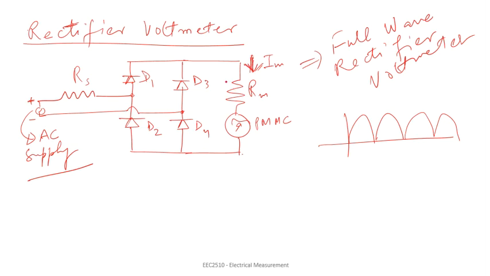Similarly in the negative half cycle, when the input goes negative, D2 and D3 will conduct, and current again in this case will flow through the meter from positive to the negative terminal. So the resulting current waveform is nothing but a series of positive half cycles, without any spaces in between. The waveform will be something like this, which I have drawn here.